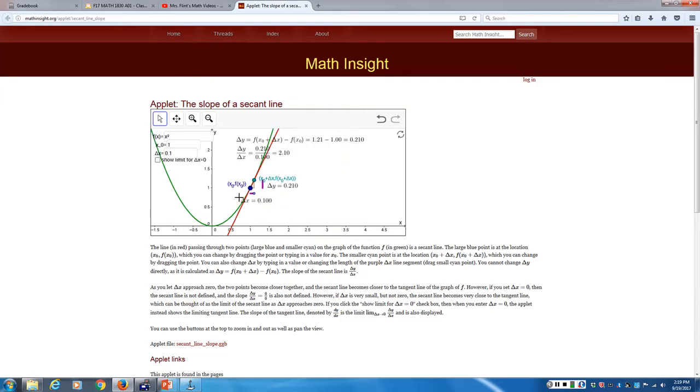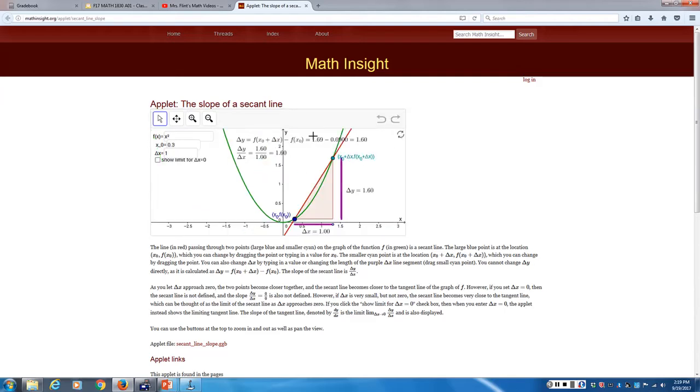And I've told it to increment, oh shoot. So are those 2 points close together?